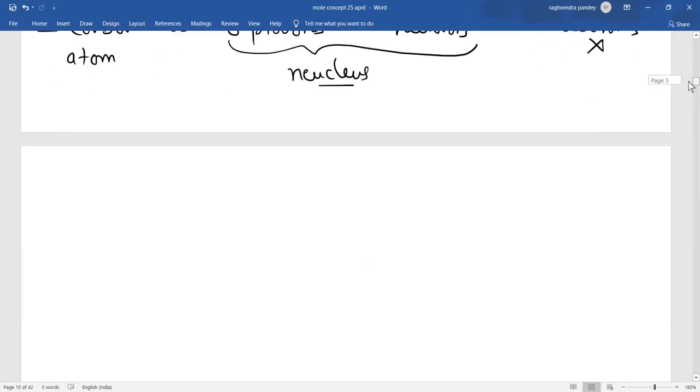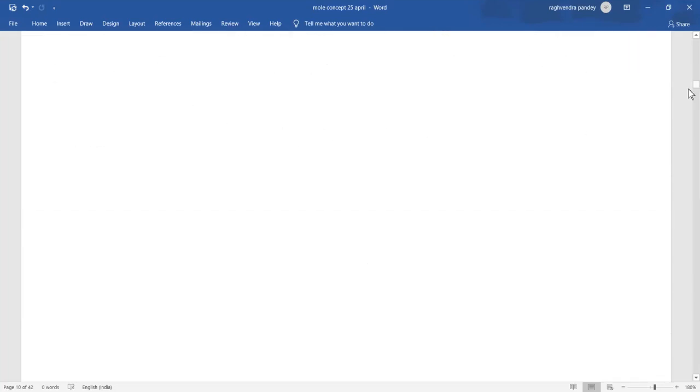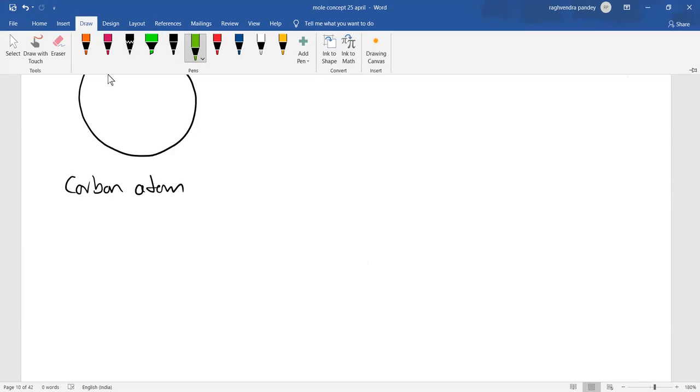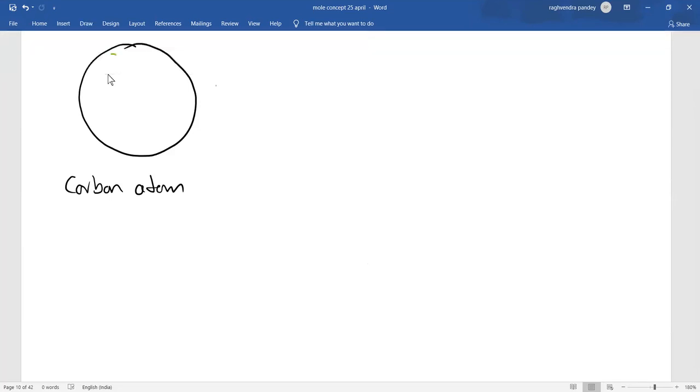Now, if this is the carbon atom, this is our protons. So this is 6 protons, 1, 2, 3, 4, 5, 6.